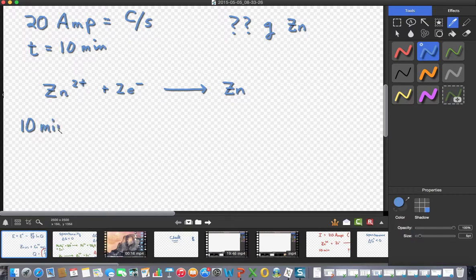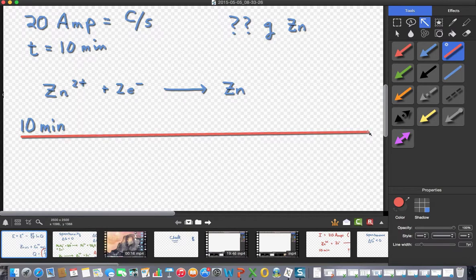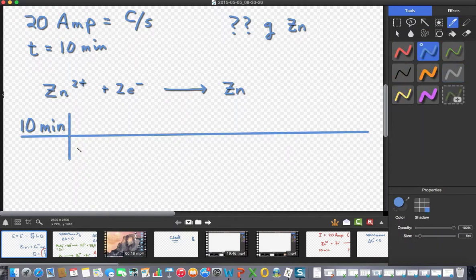Since current is coulomb per second, it only makes sense for us to convert this to seconds. So our first conversion is going to be that 1 minute is 60 seconds.